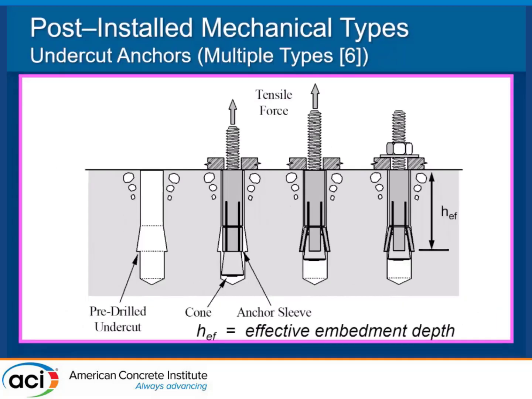And the best post-installed mechanical anchor, what these are called, are undercut anchors. And so that's where you drill a hole, then you have to go in and drill again, so there's an extra step, and you cut a wider, like a bell. Have you ever heard of these things called bell caissons or something like that, where you widen out the base at the bottom? That's kind of what you're doing here.